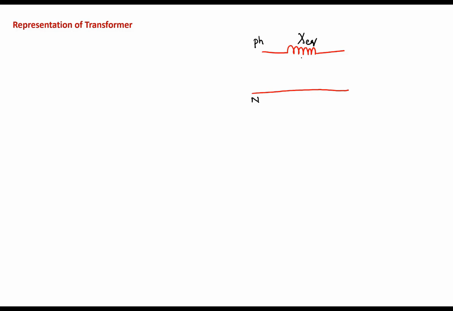Now data wise, if we come to data, a three-phase transformer. So what data do we require? Three-phase MVA rating of transformer, and the second data we require is line to line voltage ratio.